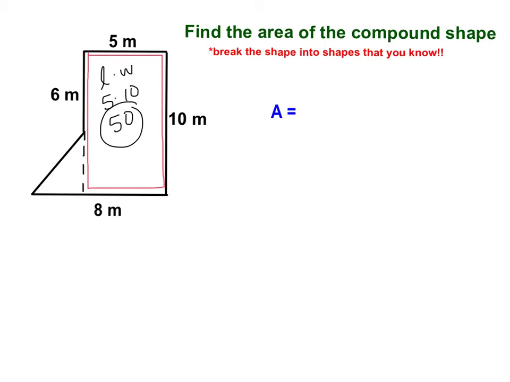Now here's where it gets a little difficult, is to find this area right here. Recall that the area of a triangle is equal to base times the height divided by 2. The base and the height form a 90-degree angle.